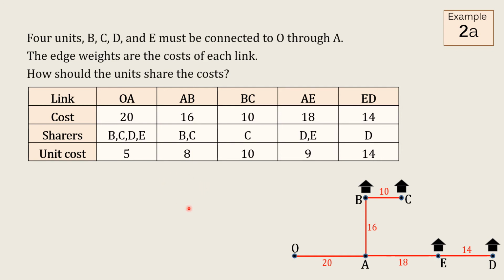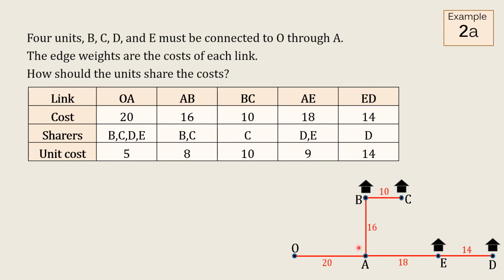Now, let's look at each link. So OA is shared by all 4 agents. So these are the sharers of this link OA. Therefore, it's only fair that this cost of $20 must be divided equally between these 4 agents, so that each unit pays $5.